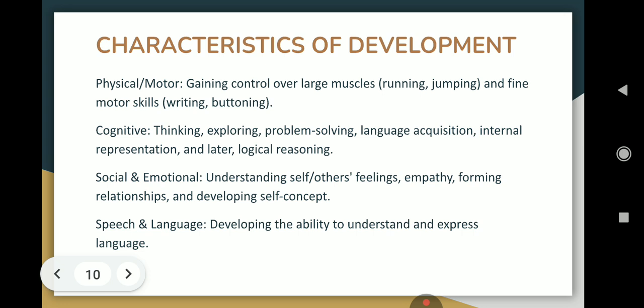All this comes under social and emotional development. Like first the baby will only be crying and then babbling, and then it will have an understanding of receptive language and expressive language. It will express and receive the language, understand the language which is spoken by others.